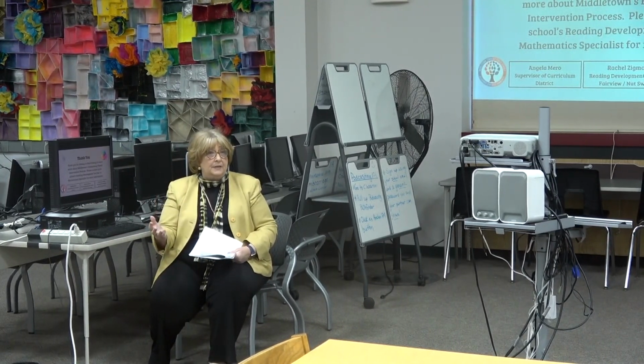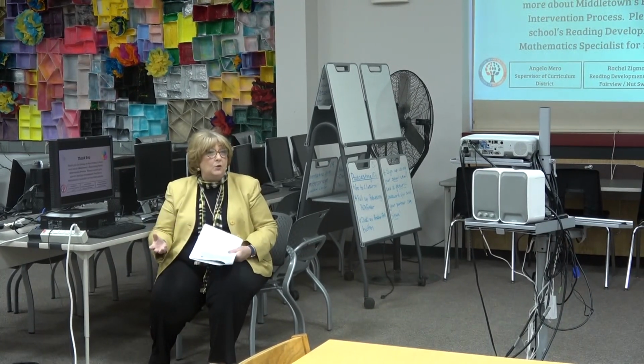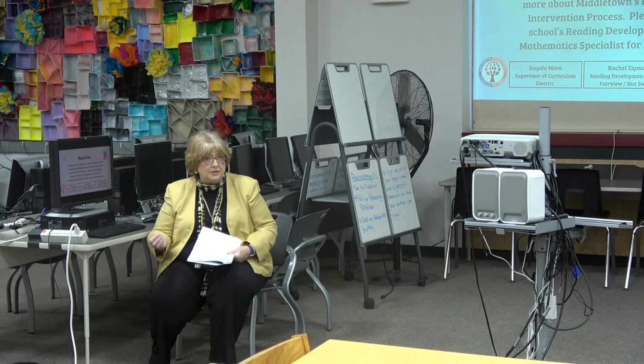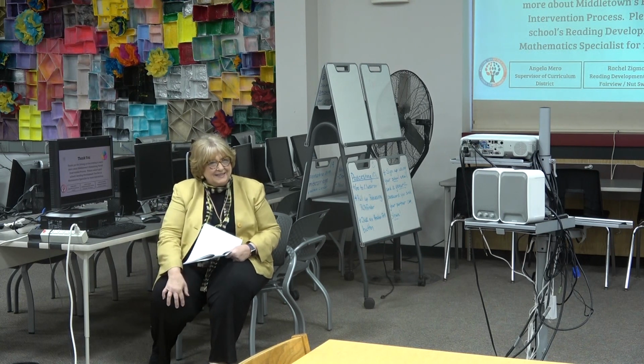They may enter the intervention process again, but now with a very different goal in mind, to work on their comprehension skills. So it's not a one size fits all. It's really very student specific and sequential, one skill based upon the other. Does that make sense?